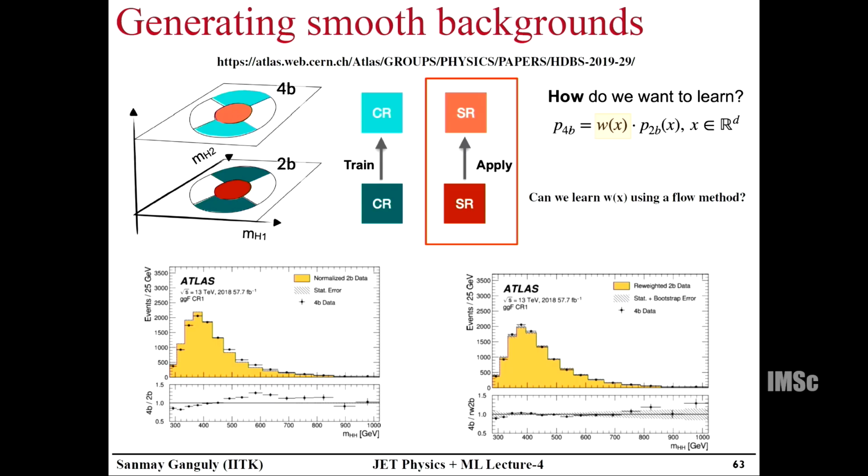But when we look at the double-b distribution, 2b jets, there we have a sufficiently enriched background. So one thing we are trying to do using flow models is, from the 2b enriched background region, directly predict the spectrum of the 4b background region.